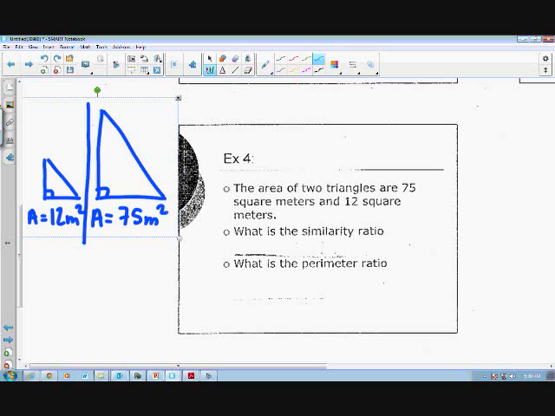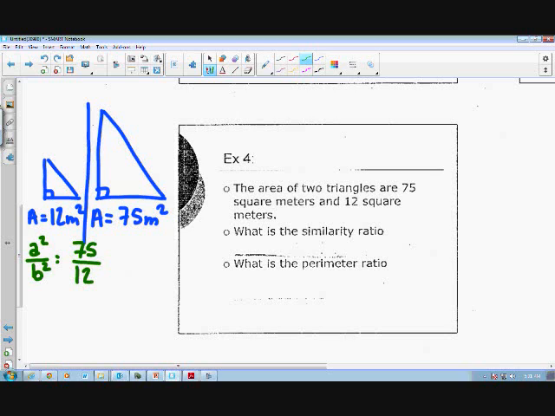What is the similarity ratio? Okay, well, let's find first areas, because remember, areas would be a squared over b squared. I'm going to put the big one on top, that way it has the potential to divide nicely. So I'm going to do 75 divided by 12.